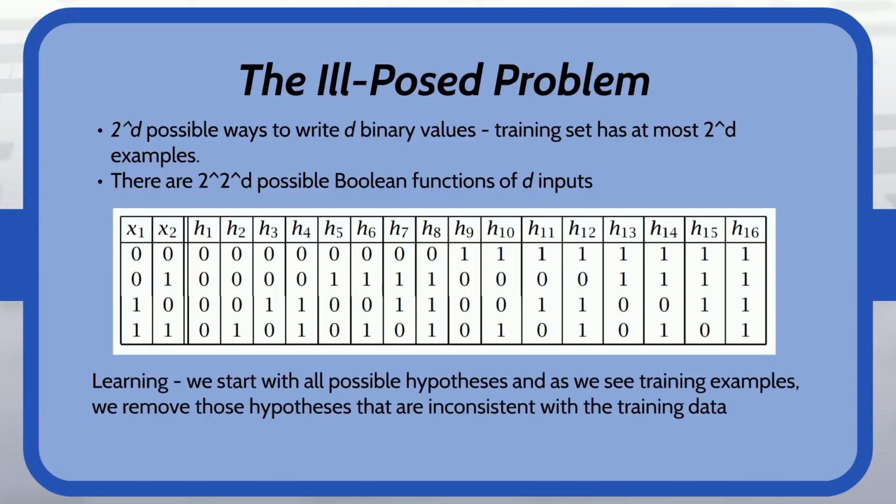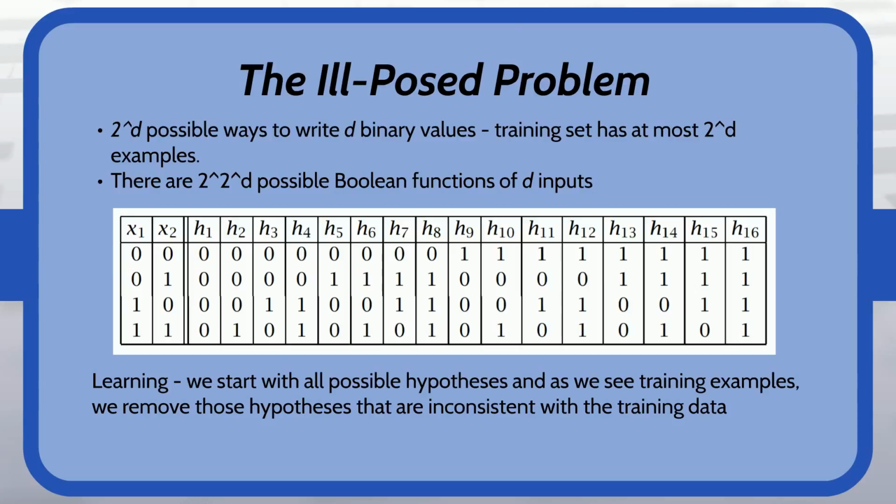So the process of learning is where we start with all the possible hypotheses, the 16 you have here, and as we see training examples, we remove those hypotheses that are inconsistent with the training data. So let's say we had the example point 0, 0, the first one in our chart here, and its output is supposed to be equal to 1.